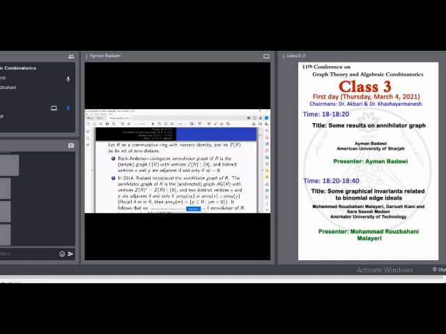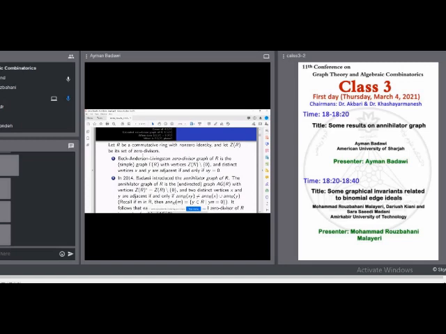In 1988, Beck initiated the idea of the zero-divisor graph, but he was interested in coloring the ring. The official definition started in 1999 by Anderson and Livingston.